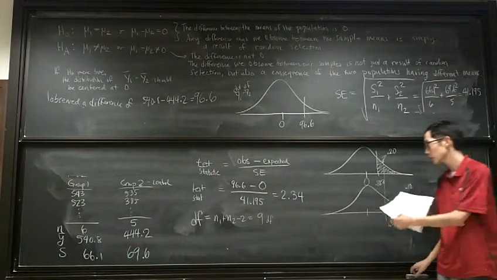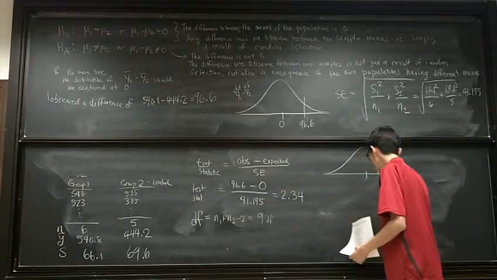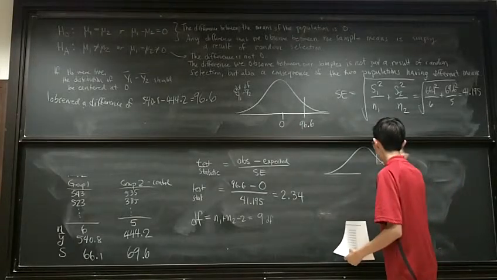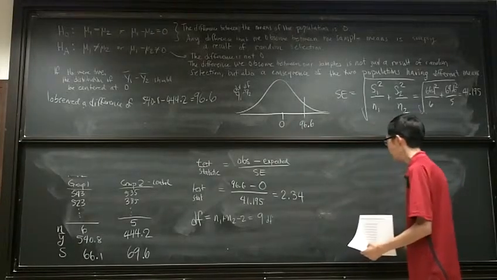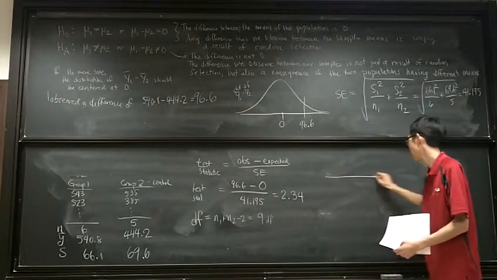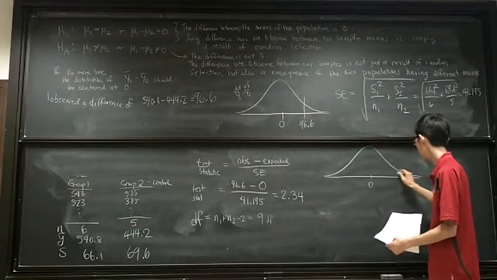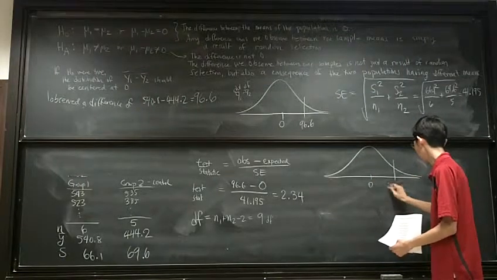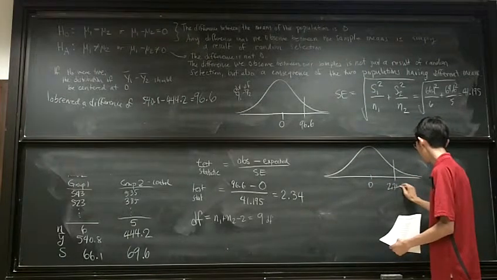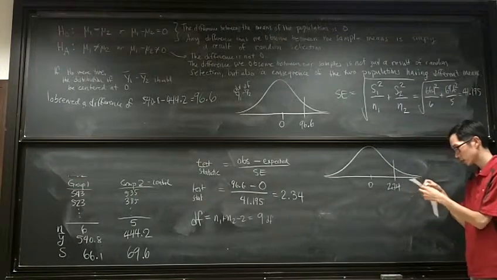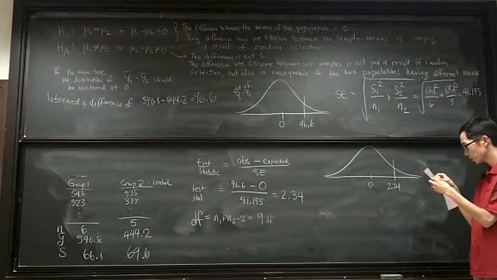So I've got 9 degrees of freedom, and my test statistic is 2.34. How much do I have in the tail? Between 0.02 and 0.025.